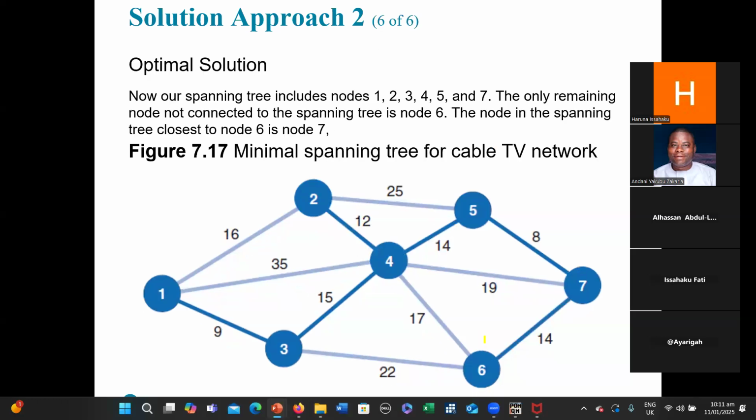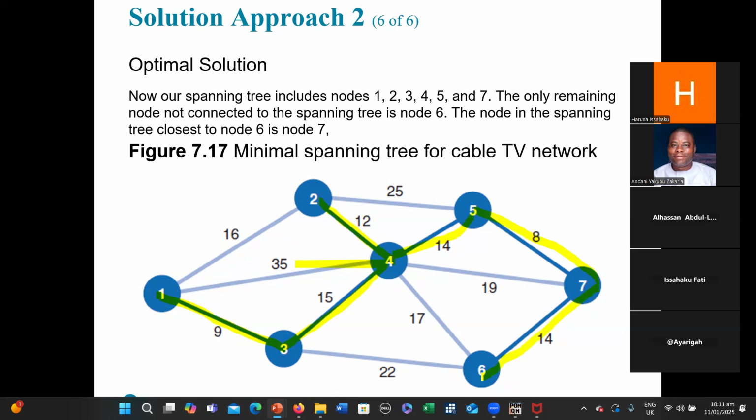So you will see that the shortest way to connect them is to connect from 1 to 3, from 3 to 4, and from 4, you can connect to 2 and also connect to 5. From 5, you connect straight to 7, and from 7, you now come to 6.